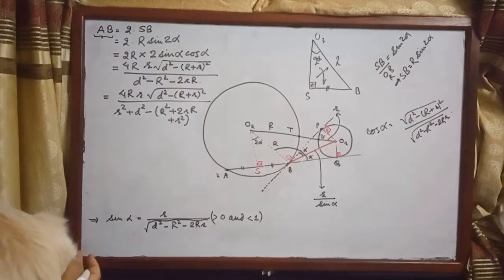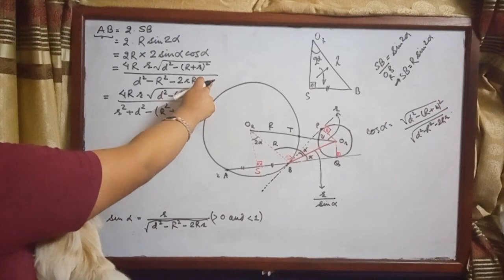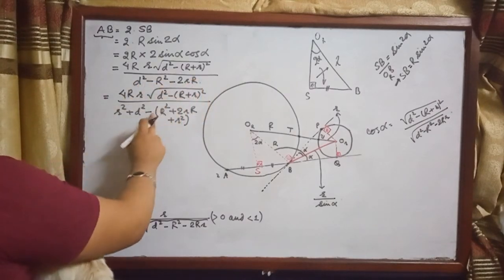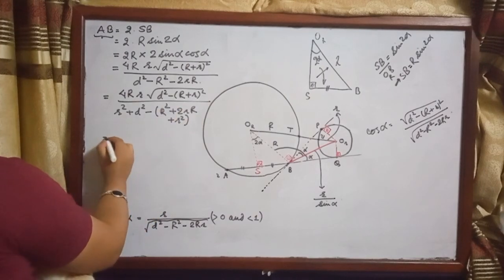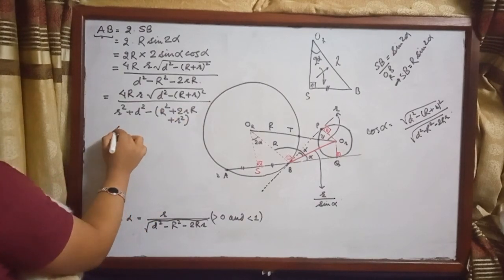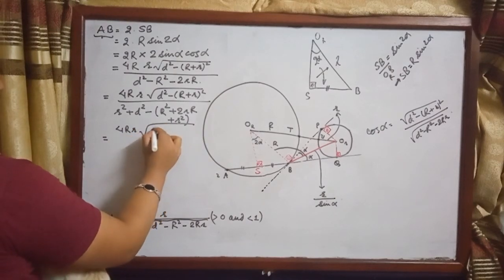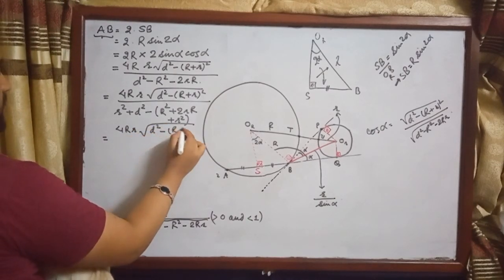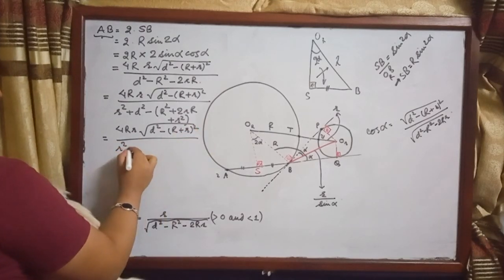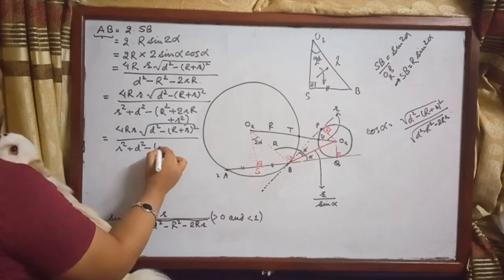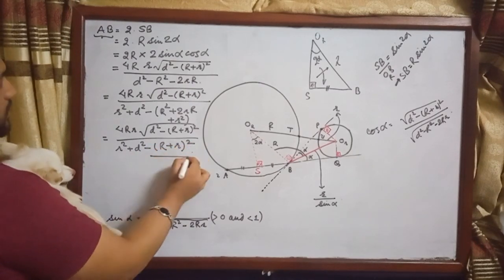What I did is I added r squared here and subtracted r squared here, took minus 1 as a common factor to obtain this, and this is nothing but 4R times the square root of d squared minus r plus r squared, the numerator is not changed, over r squared plus d squared minus r plus r whole squared.